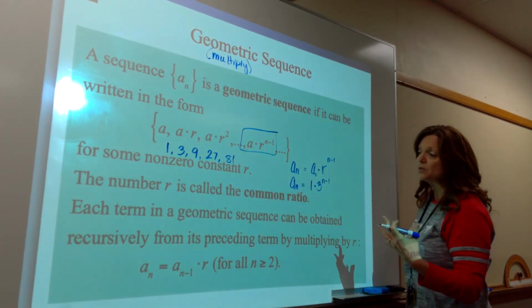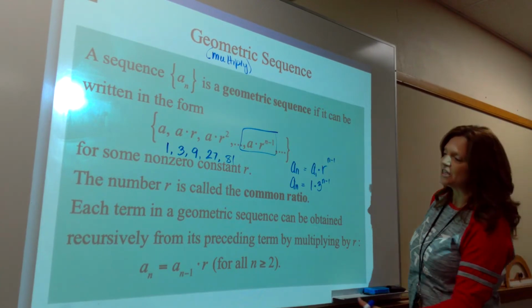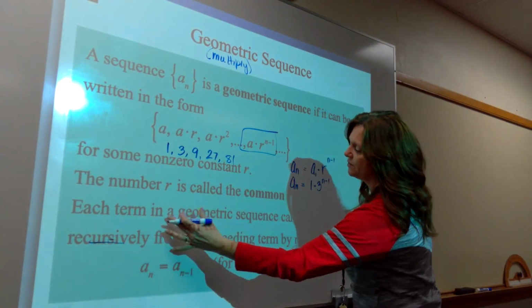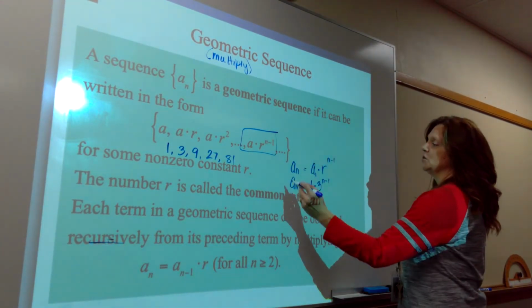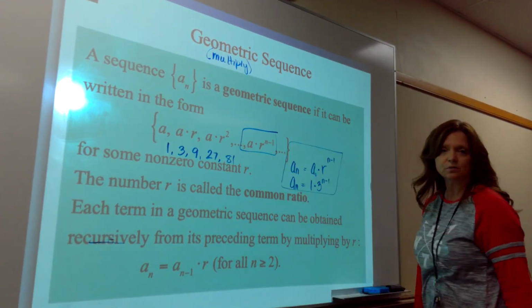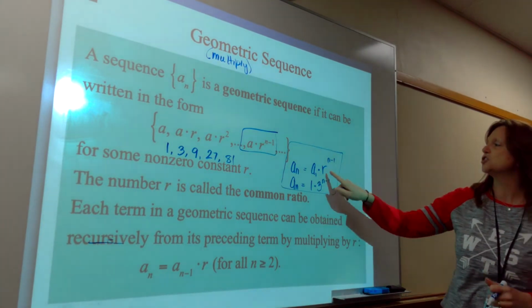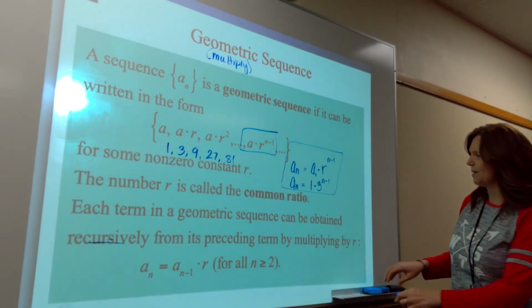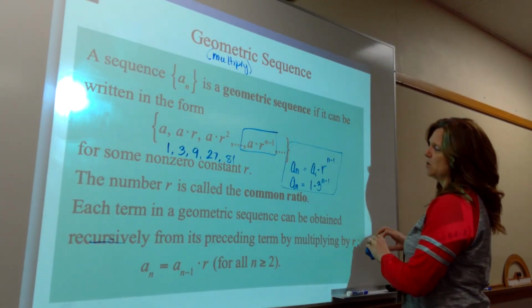So that is your rule. This here again is that recursive stuff, so don't worry about that. Just make sure you know how to do the explicit rule. It's just first term times what you're multiplying by to the n minus 1 power.